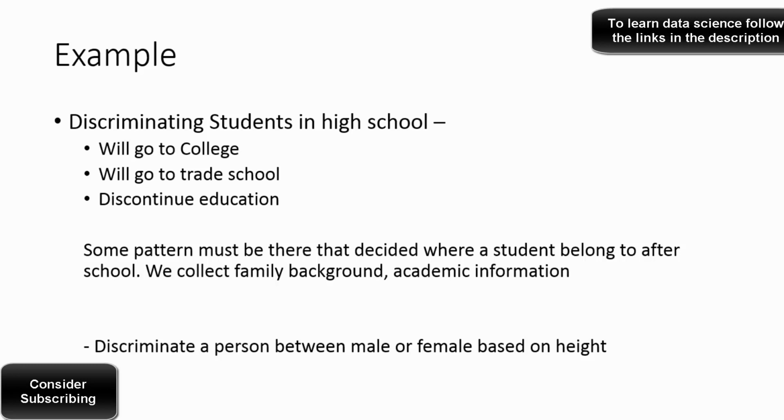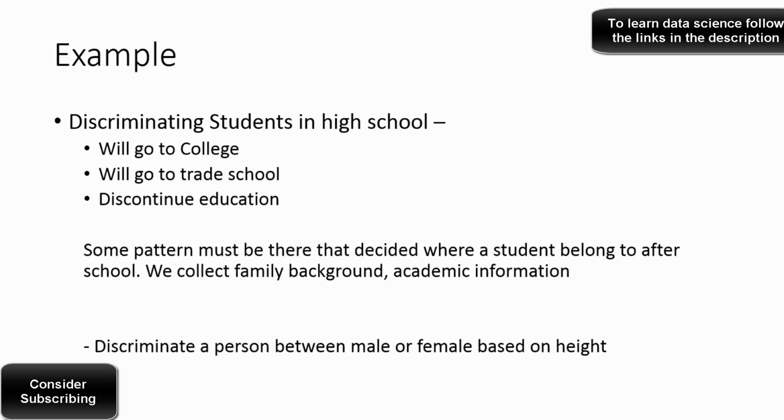One more example is we want to discriminate between a male and a female based on height. Well, usually the average height of male population is higher than the average height of a female population. Okay, so there is a difference in the mean. So looking at the height, we can say if a particular human being is a male or a female.